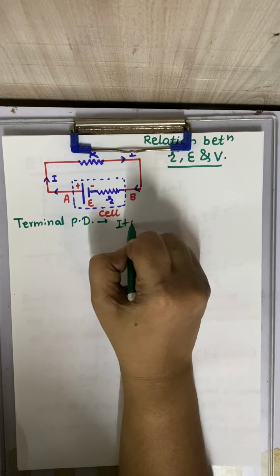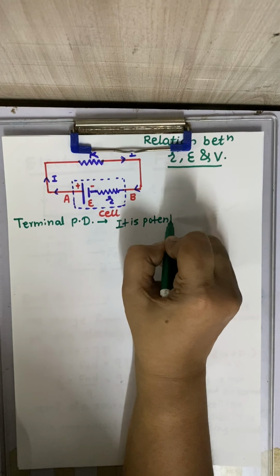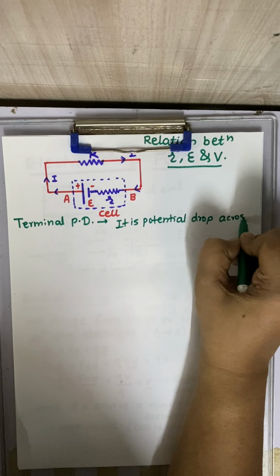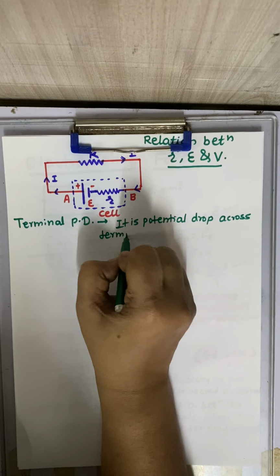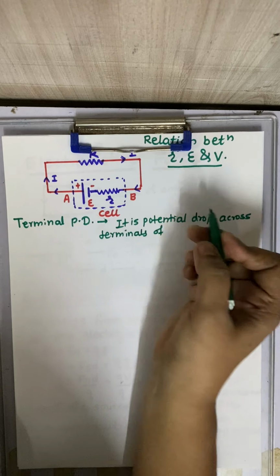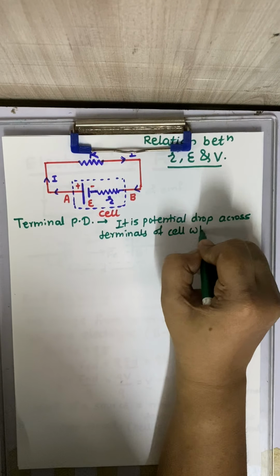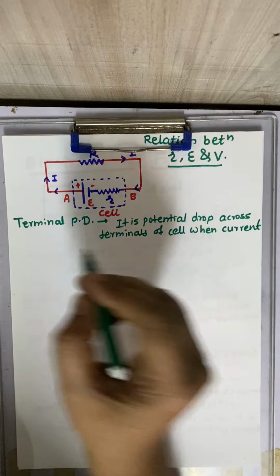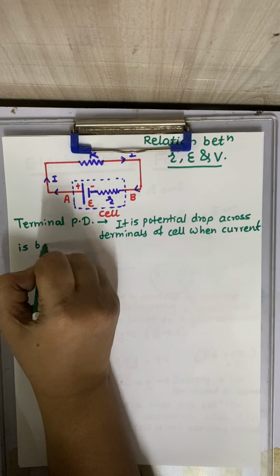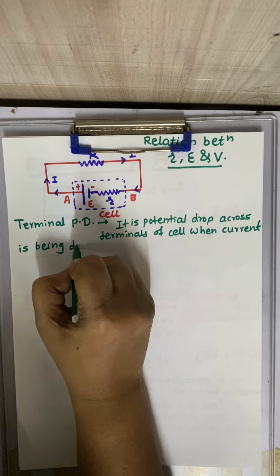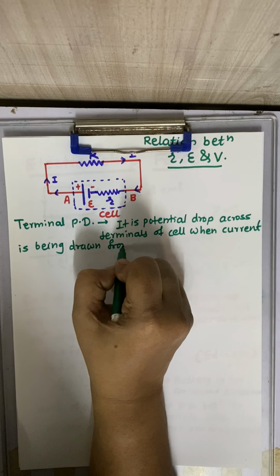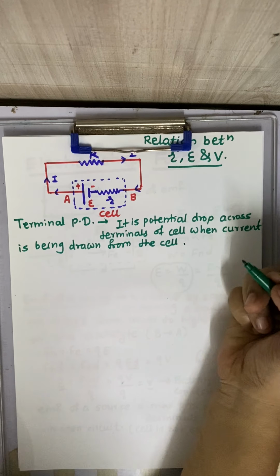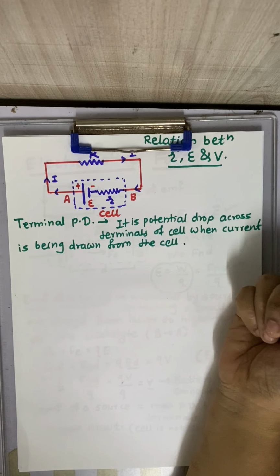It is the potential drop across terminals of the cell when current is being drawn from the cell, and that is called the terminal potential difference. Now we will consider the relation between them.